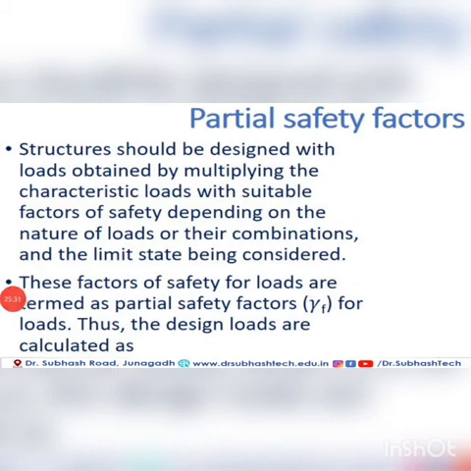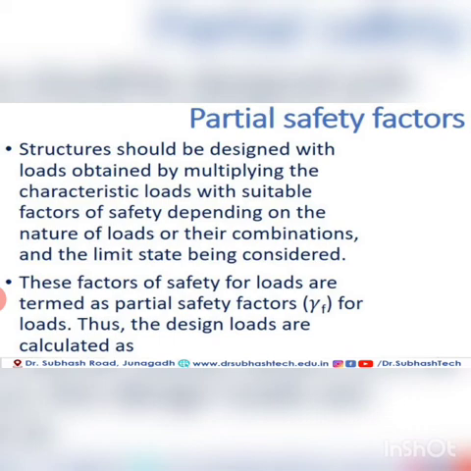Partial safety factor. A structure should be designed with load obtained by multiplying the characteristic load with a suitable factor of safety depending on the nature of load or their combination and the limit state being considered. Second, the factors of safety for load are termed partial safety factors for load. The design load is calculated.